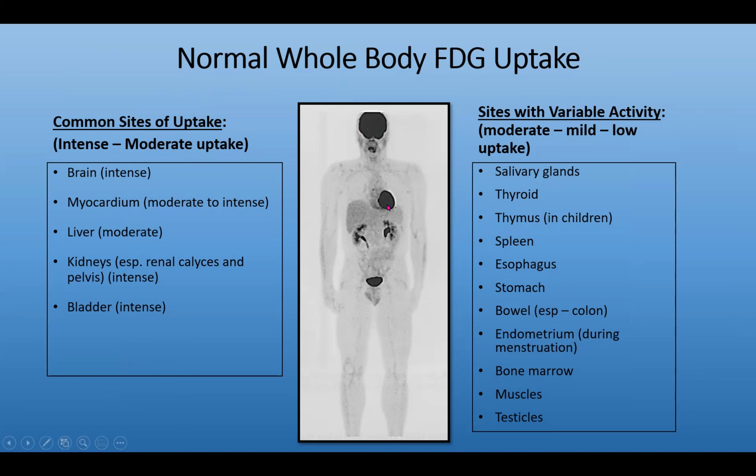The heart, right, which also utilizes a lot of glucose. So it's usually moderate to intense, although it can be slightly variable, but we almost always will see heart on the FDG scan. Liver, you can see the outline of the liver here. The kidneys are well defined, particularly the renal calyces and the renal pelvis. And then, of course, the bladder, right, is usually quite intense.